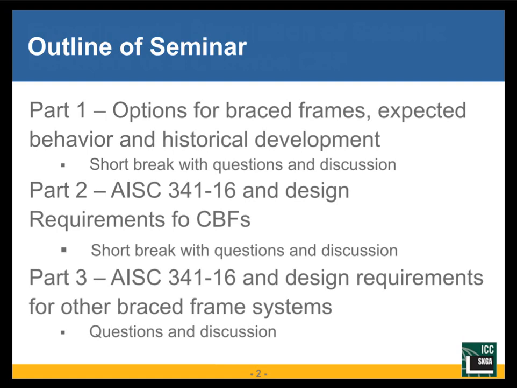So what I'd like you to do in that first part is to make it clear what we're looking for, what our target is, what behavior we expect from these various systems, because it's important to understand what the target is to truly understand what the provisions are about.